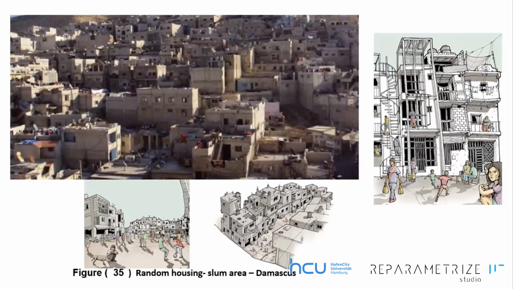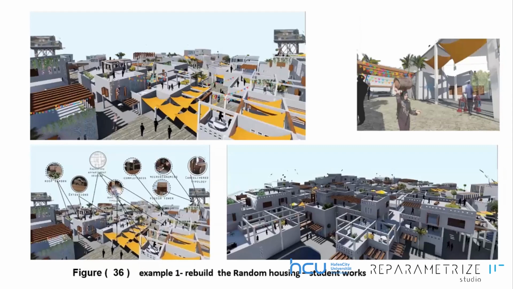If we put another plan for this area, some students put some solution like this, and maybe not using traditional material or using a new material, but we need to think about traditional material.